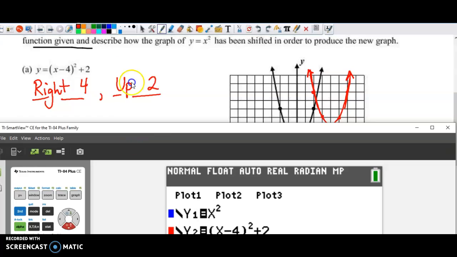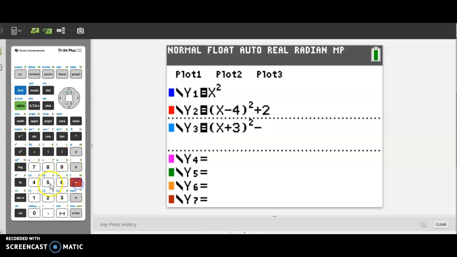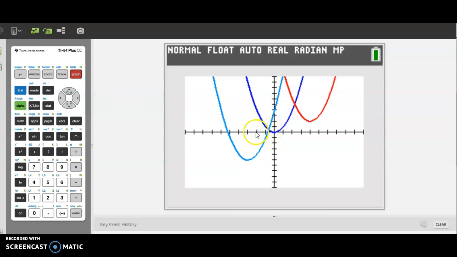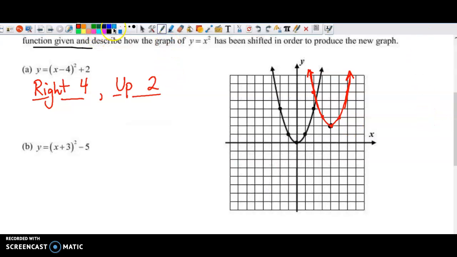Now we're going x plus 3, and then minus 5. Look at that: it shifted left 3 and then down 5.